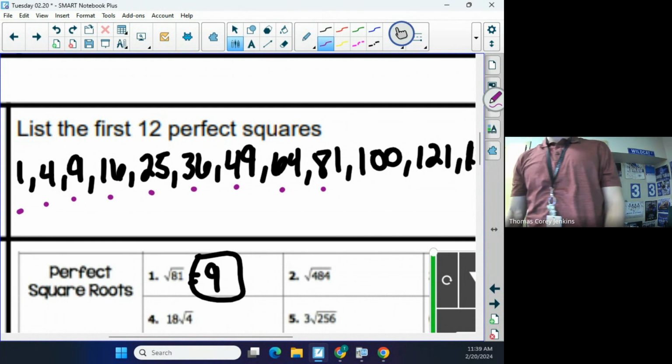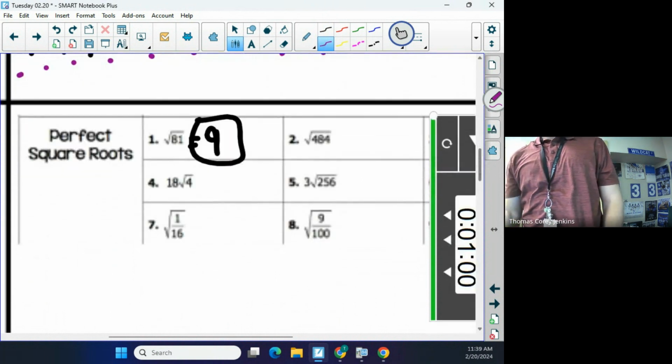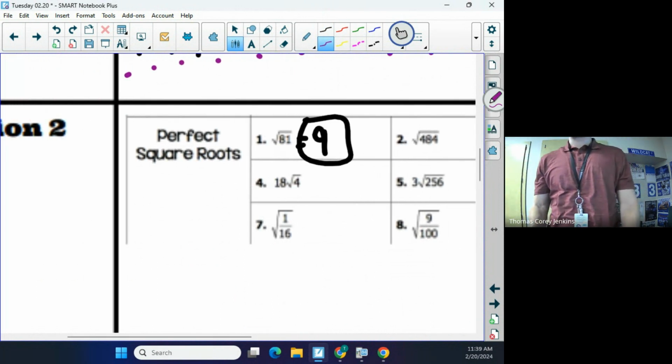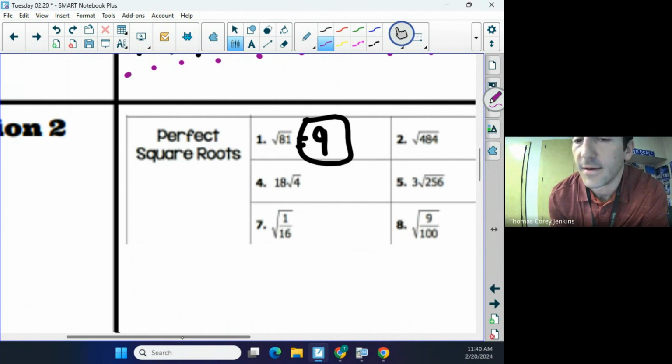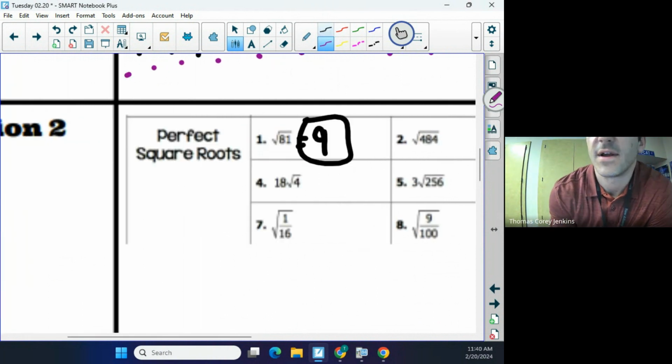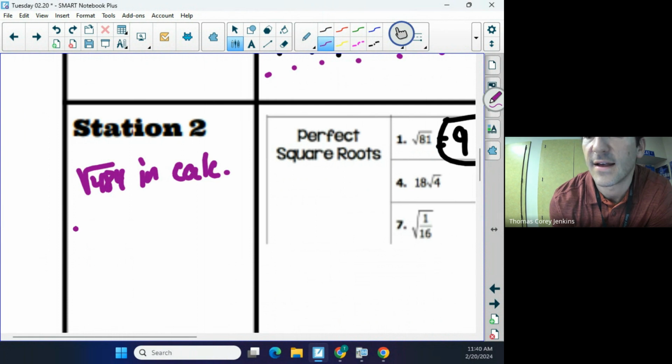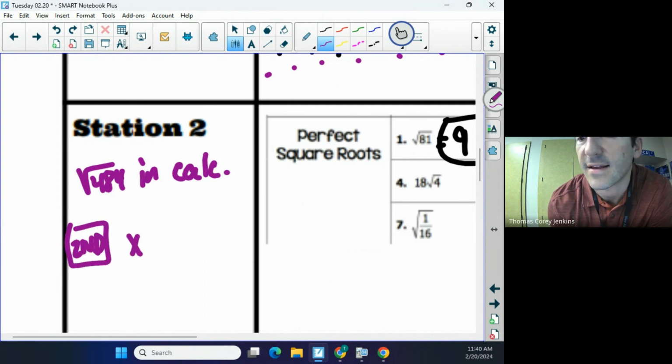484 is a little bit bigger. If you know how to type in the square root of 484, go ahead and do that. If you don't, maybe write down this note. In your calculator, you hit second, and then x squared.